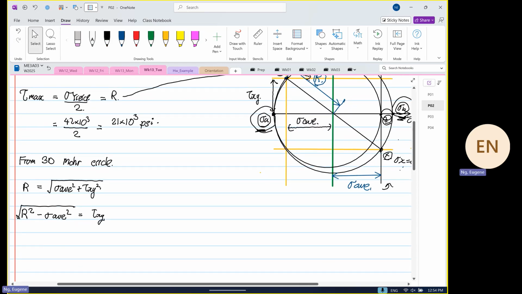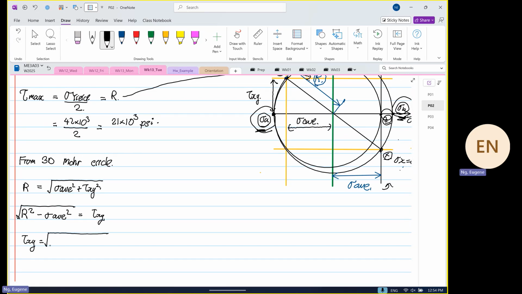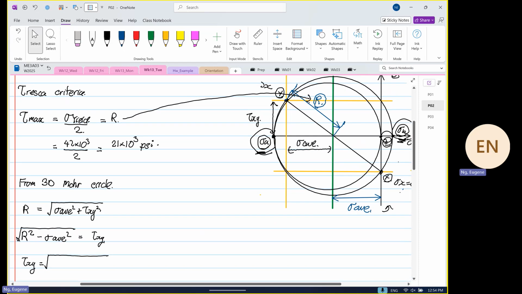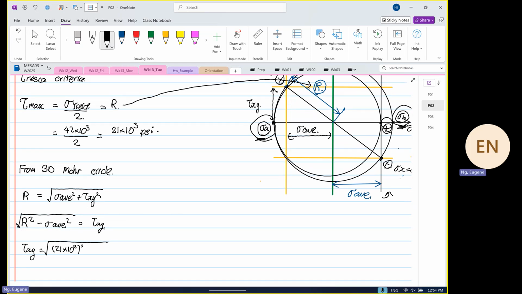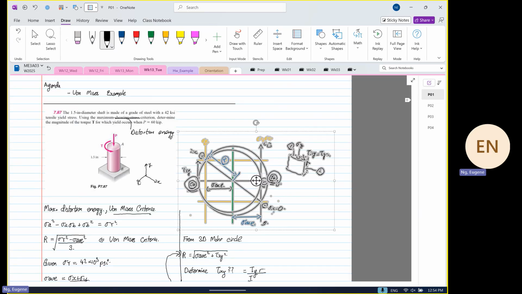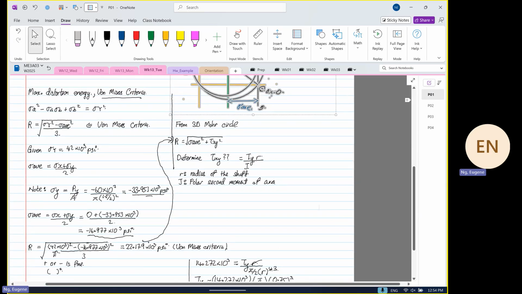So from here, the radius is still the same. The radius we got is equal to 21 times 10 to the power 3 squared. The average stress calculated is the same as the average stress over here, so it will not change at all.